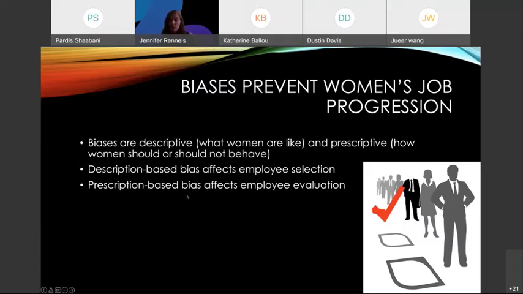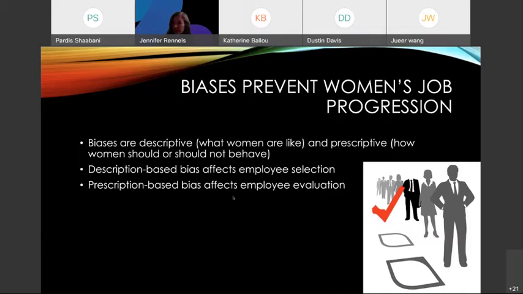Now, what about if a woman actually did successfully get that power position? That's great, right? But now she's in this position, and her success at this male sex-typed job means that she is perceived to have the attributes necessary to execute these tasks and fulfill the responsibilities required for that job.